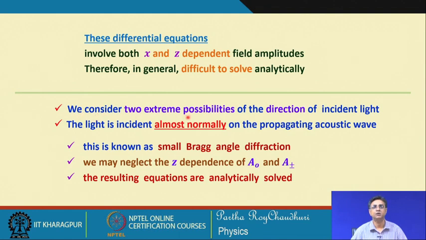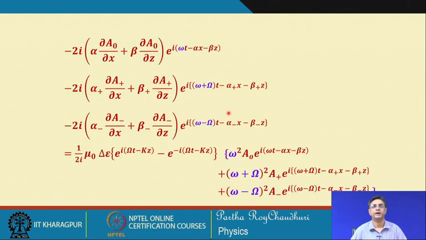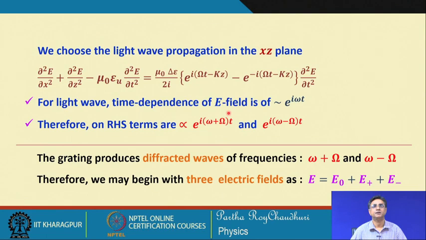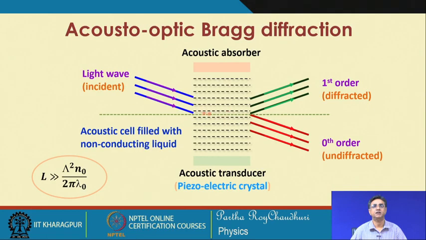So, we consider two extreme possibilities of the direction of incident light wave, that is let us go back and see this situation, that is either the light wave can be incident very close to this x axis, that is this angle is very small.